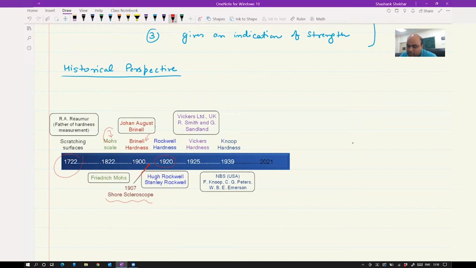Brinell, Rockwell, Vickers, and Knoop are all indentation hardness. The Mohs scale is related to scratch hardness, and in 1917 you have rebound hardness. Then around 1925 the Vickers hardness testing method was developed, and it became very famous.